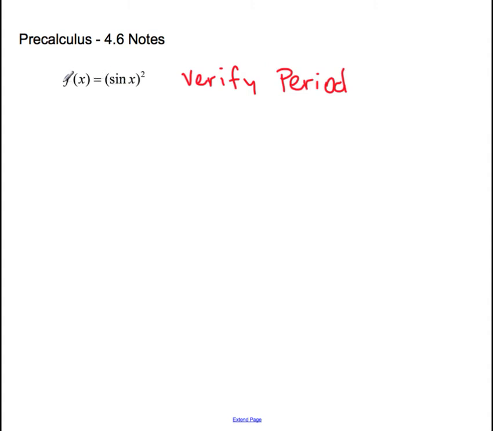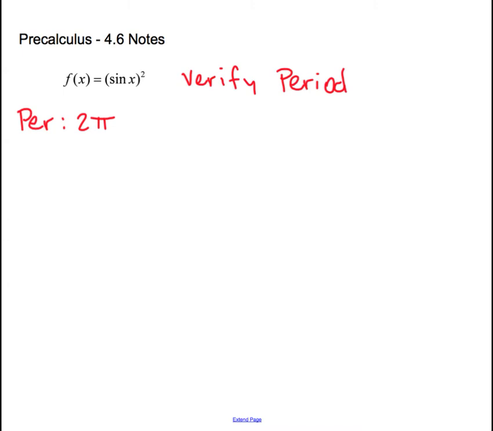So basically, we're going to trust that the period is 2 pi. Now we've talked about this before and we've seen on our unit circle that the period is 2 pi, and what we want to show is that this is a true statement.